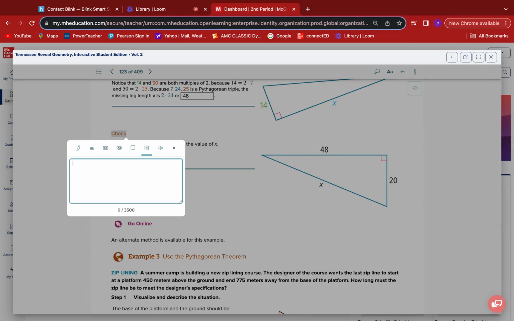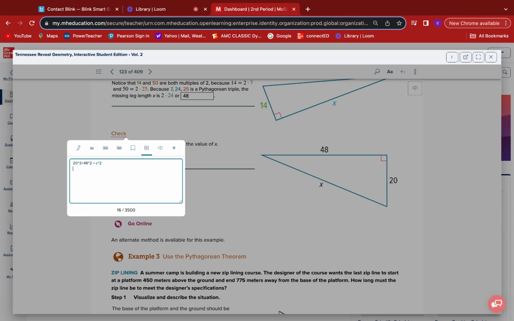20 squared plus 48 squared, or it's vice versa. So 20 to the power of 2 plus 48 to the power of 2, that's going to equal C squared.